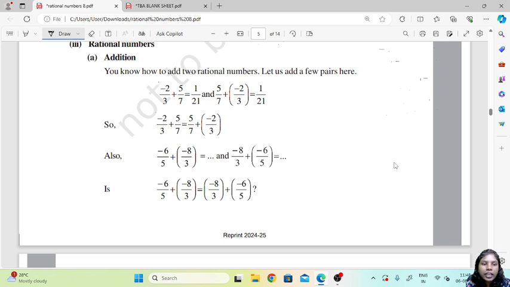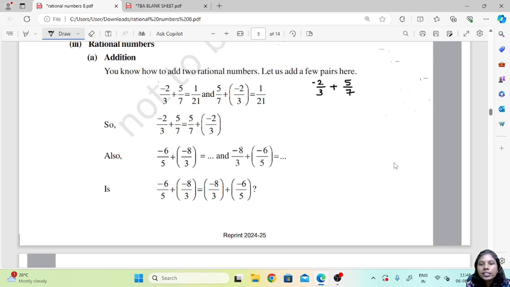The answer that we get is 1 upon 21, and say 5 upon 7, you are going to exchange this. So 5 upon 7 plus minus 2 upon 3 will be again 1 upon 21. So let's try to solve it. So minus 2 upon 3 plus 5 upon 7.